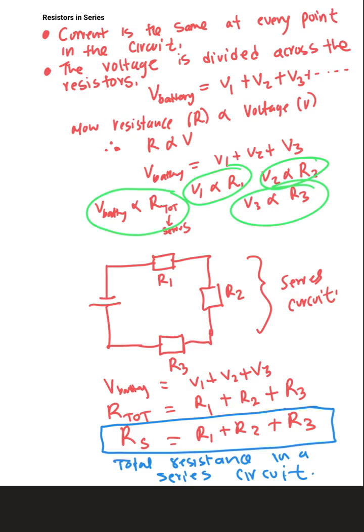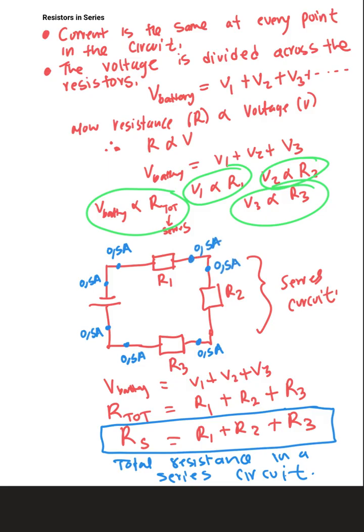And then in a series circuit, we need to know that current is the same everywhere. So it means that if here it's 0.5 amperes, it's going to be 0.5 amperes here, and here, and here, and also here.